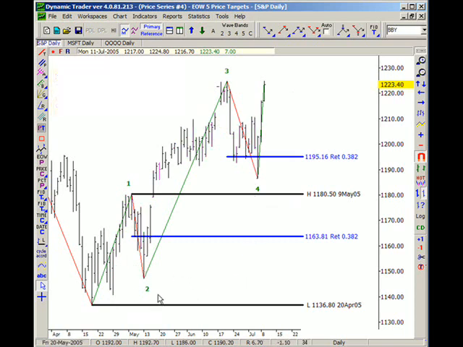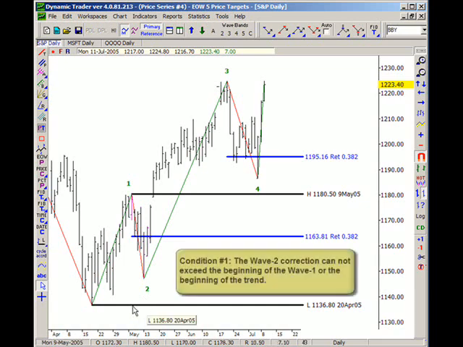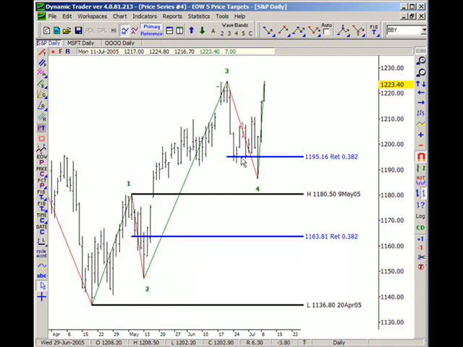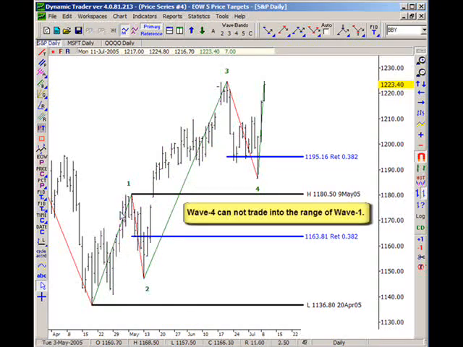Number 1 is this: what we've labeled wave 2, or the first correction down from the beginning of the trend, can't exceed the beginning of the trend, or the beginning of the wave 1. And that's pretty basic, because it would be something else unfolding other than a 5-wave trend if that were the case. If we have the 3 and the 4 complete, 4 can't trade into the range of wave 1.